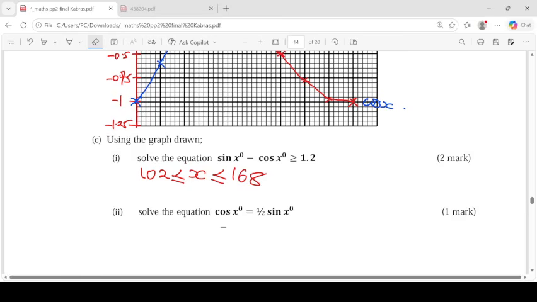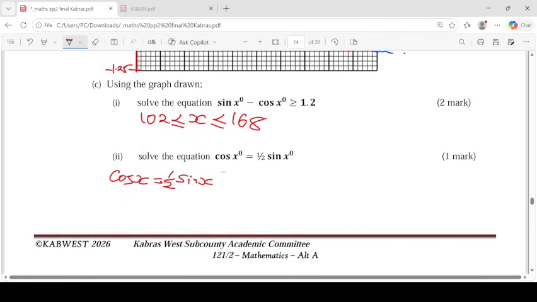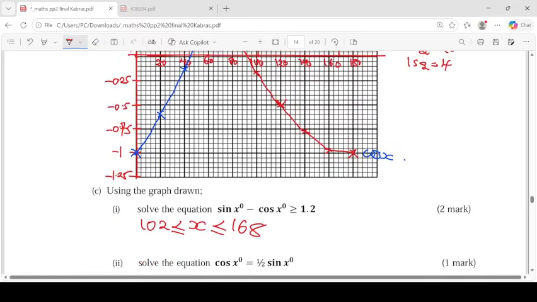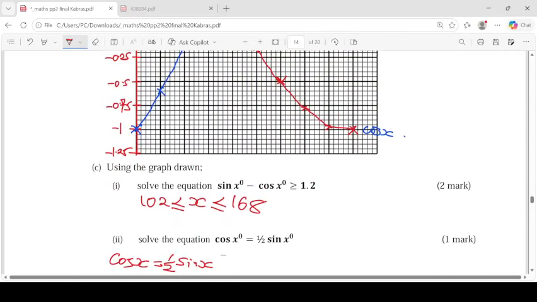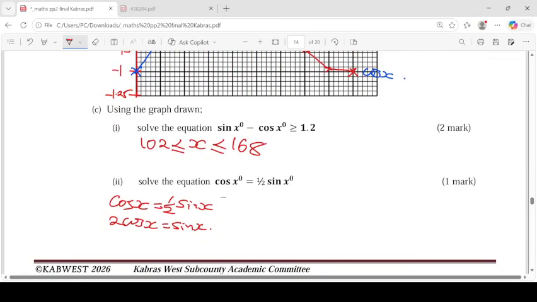When you have the equation cos x is equal to a half of sin x, this means 2 cos x is equal to sin x, and that means they had taken these equations and equated them. The first equation was sin x minus cos x, being equal to the other equation, cos x.